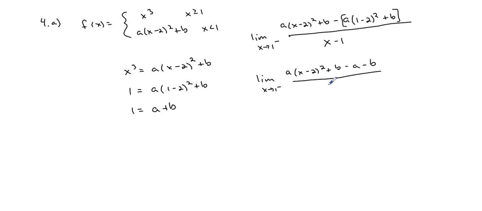Over x minus 1. All right, so let's see what we can do here. Limit as x goes to 1. Looks like b minus b, right?